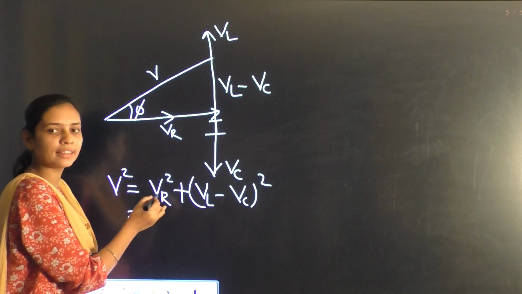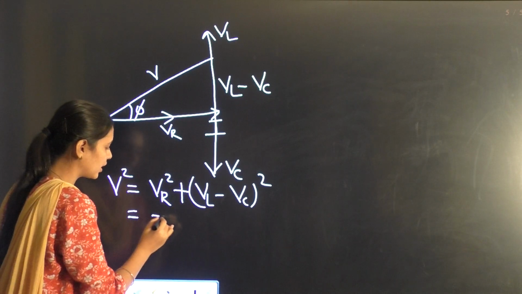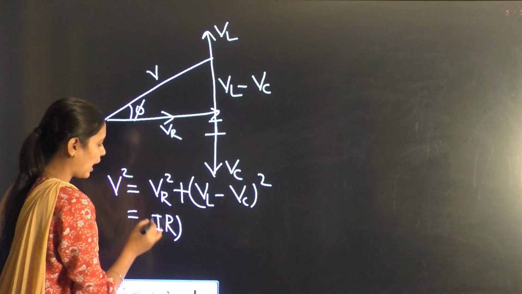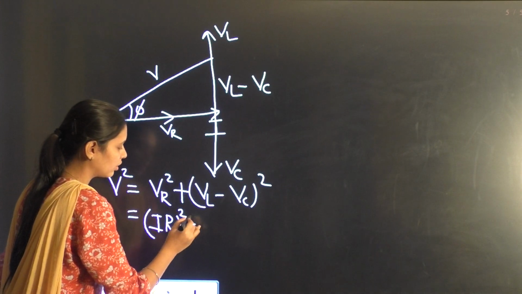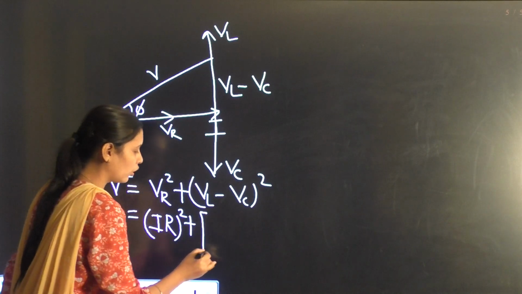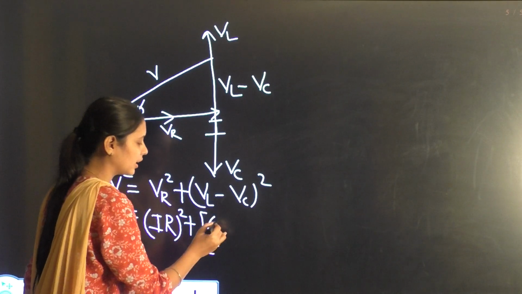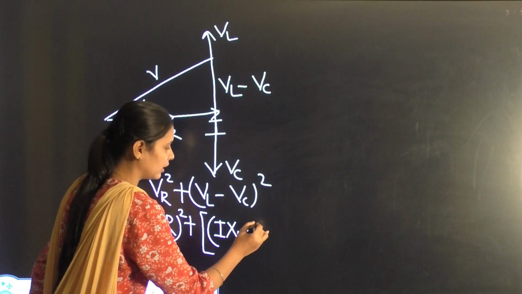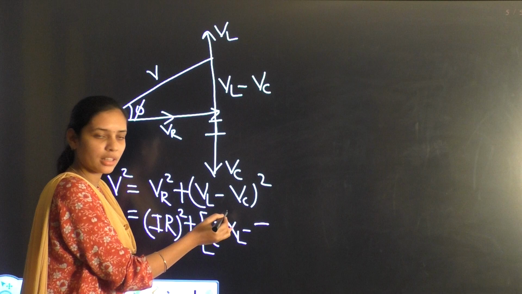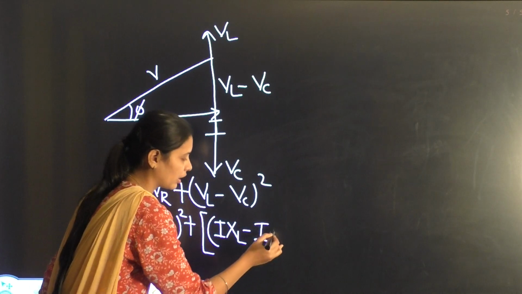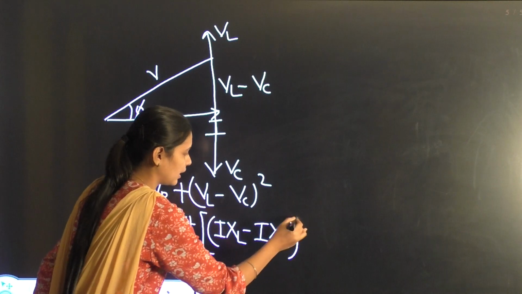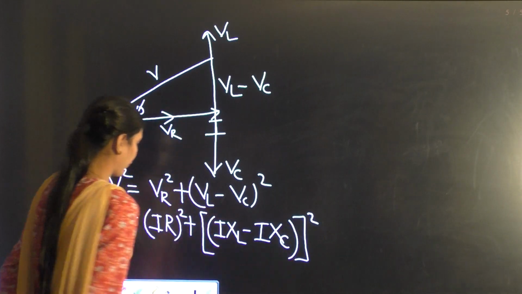And I know that the voltage drop across the resistor is the product of the current and the resistance, I into R, and the voltage drop across the inductance is I into the inductive reactance, minus the voltage drop across the capacitance, which is the product of current and the capacitive reactance, XC, whole square.